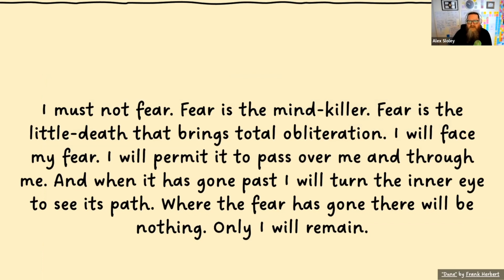So to be a ZFG master, you must not fear. It's the mind killer. It brings obliteration. You need to face your fear. Let it pass over and through you. And then turn your inner eye and watch its path as it goes through you. And where it's gone, nothing is left. Only you remain.